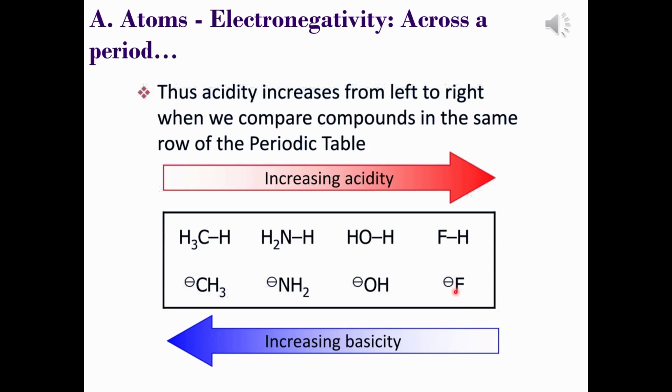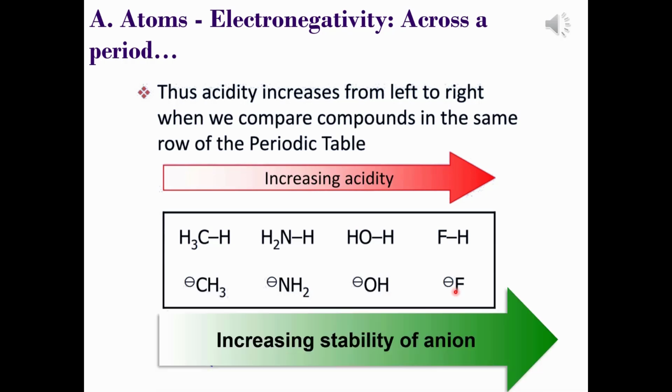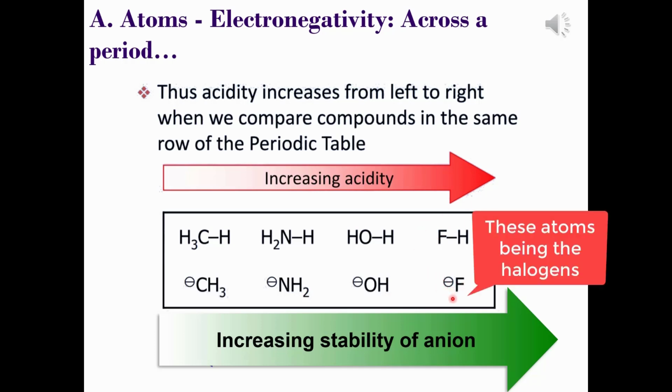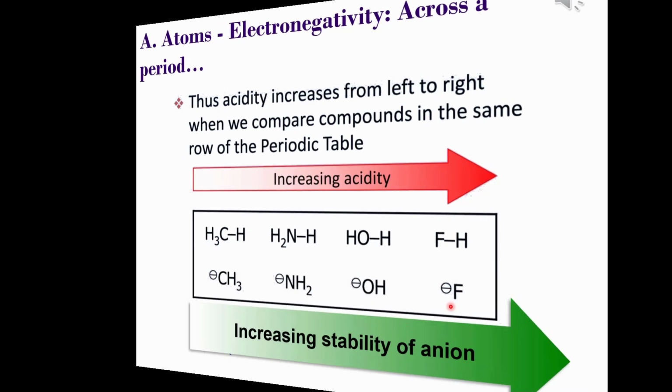Now, to come back to talking about acidity, hydrofluoric acid is a weak acid, and this we need to consider another factor. Let's have a look now at the electronegativities of these atoms as we descend group 7.